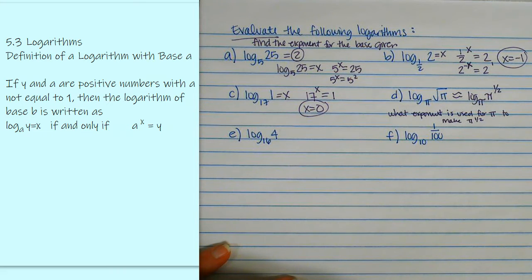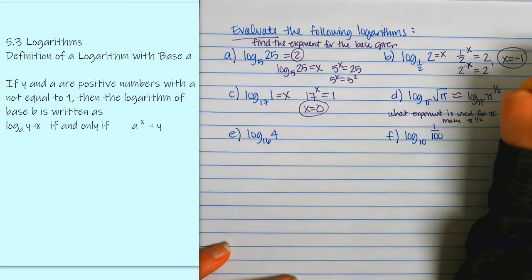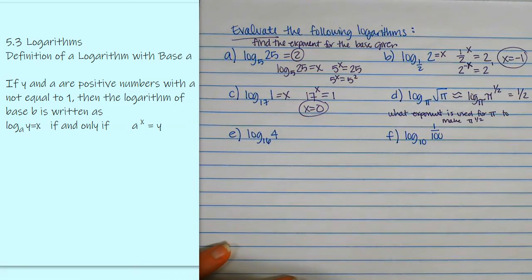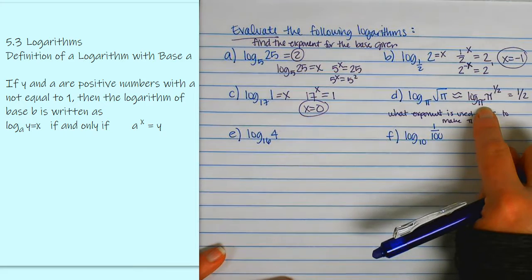What exponent do I make pi to be pi to the 1/2? Well, now it's pi. The exponent needs to be 1/2. It might seem like extra work to you too. I just try to find ways that might make sense to you. So the exponent's already there, and we're going to look at these as inverses soon and cancel them out.